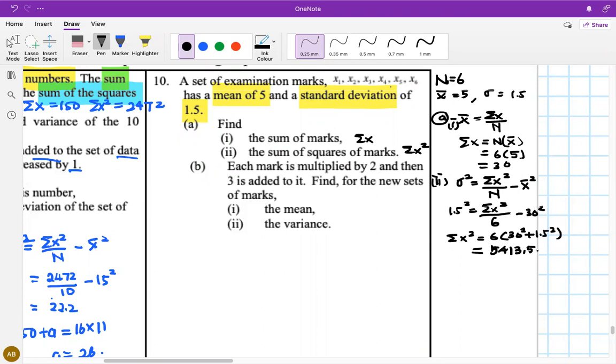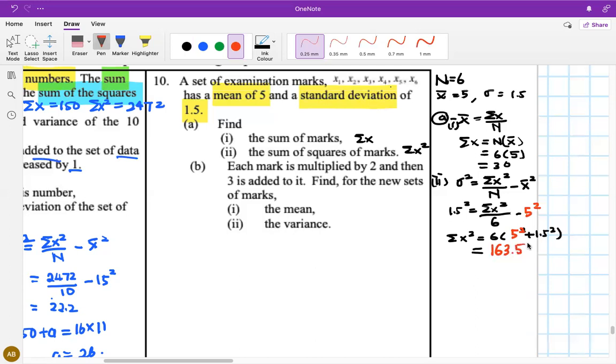Okay, sorry, I think I've done it wrongly. It should be the mean, not 30. The mean is 5, so 5 squared plus 1.5 squared, and then times 6, so you have 163.5.